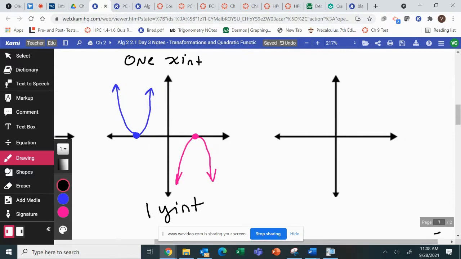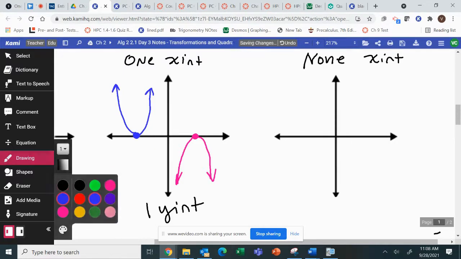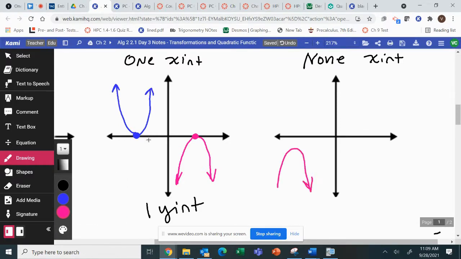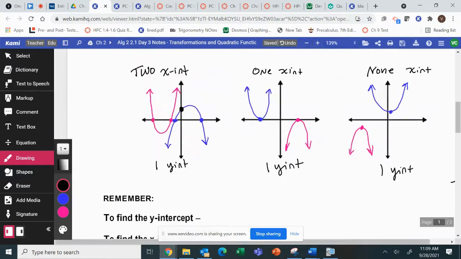And then my last case would be 0, none. So if it opens down but its vertex is below the x-axis, or if it opens up and the vertex is above the x-axis, then we would have no x-intercepts, but we would still have one y-intercept. There's always one y-intercept for parabolas.